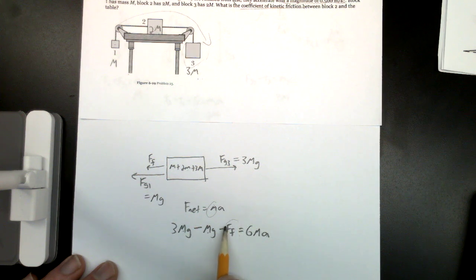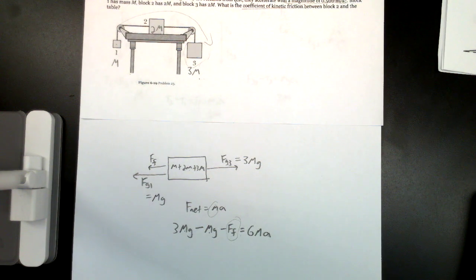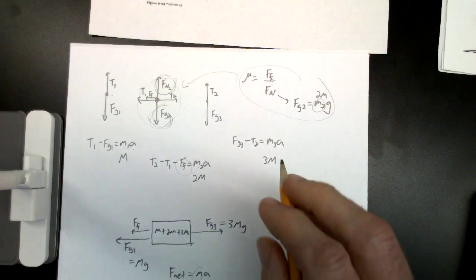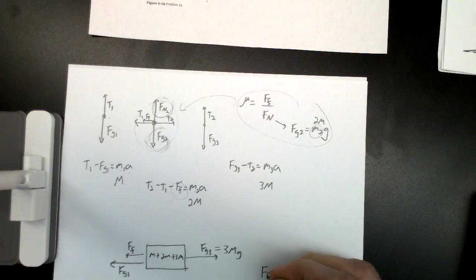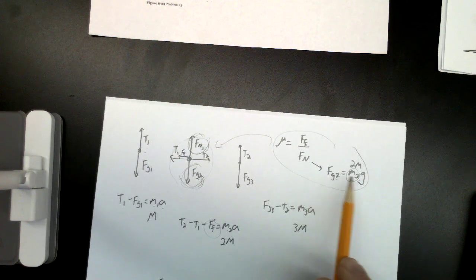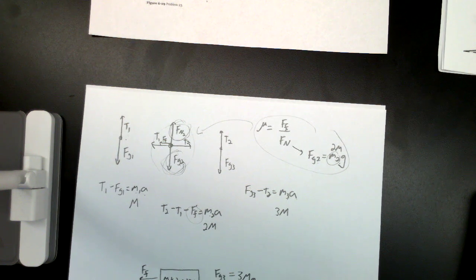I know A, and I know g. It's funny that the m's are still inside of here. So let's work backwards a little bit and try to get m inside of here somehow. So we can look back up here and see that the force of friction is mu times the normal force. And then looking back here, the normal force is going to be here. So now I can write the force of friction is mu times 2mg.